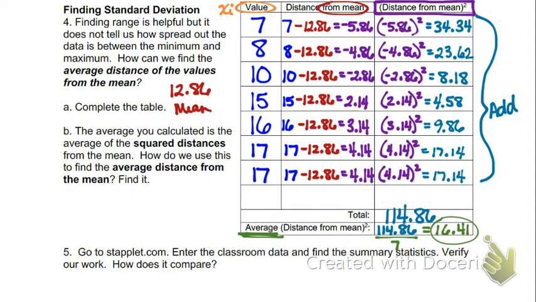Distance from the mean, what we're going to see there, and I just do not have room to write this, so I apologize. We're doing xi. So each individual piece of data minus x bar is how we're going to represent the mean. So that is my x bar.